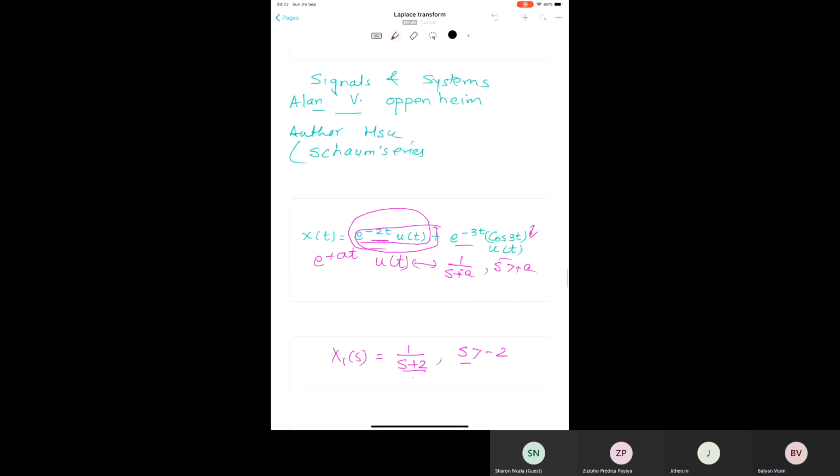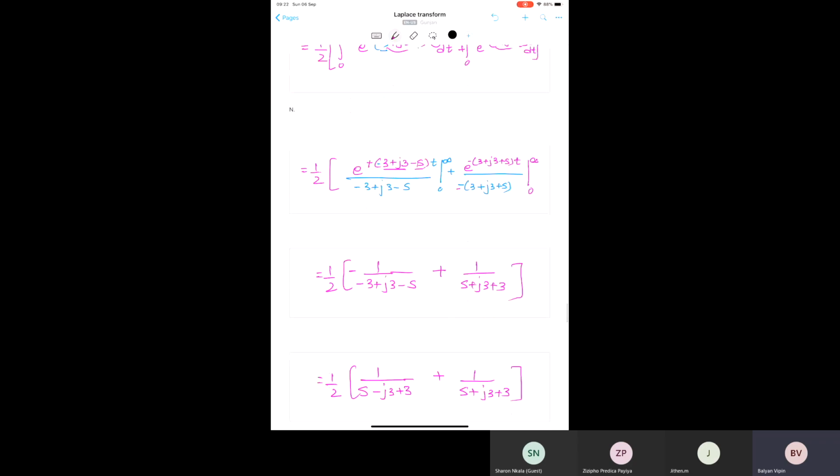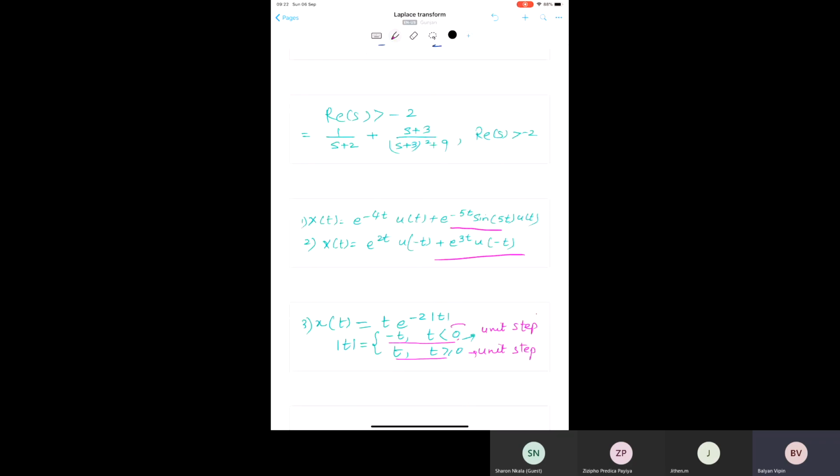The amplitude will depend on the multiplying factor. So in this question, which I gave as homework last week, it was e raised to the power minus 4t u(t), and then we have e raised to the power minus 5t sine 5t into u(t).